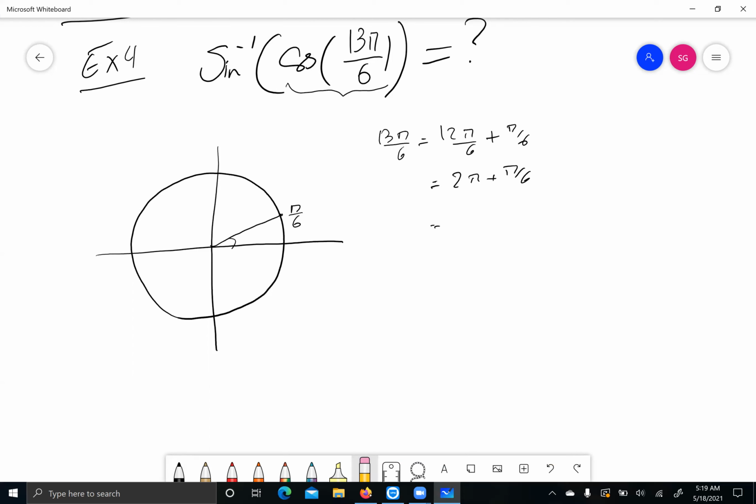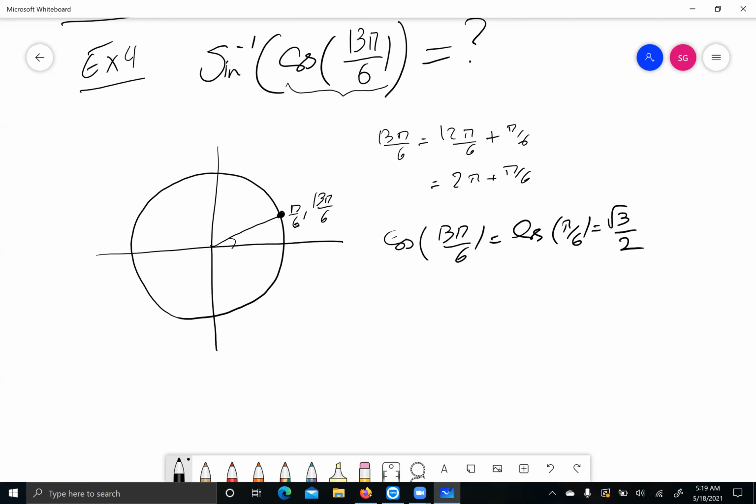In terms of sine and cosine, it's going to be the same. In the first rotation, this point is pi over 6. In the second rotation, this point is 13 pi over 6, but in terms of cosine and sine, it's the same thing. So cosine of 13 pi over 6 is the same as cosine of pi over 6, which is square root of 3 over 2.